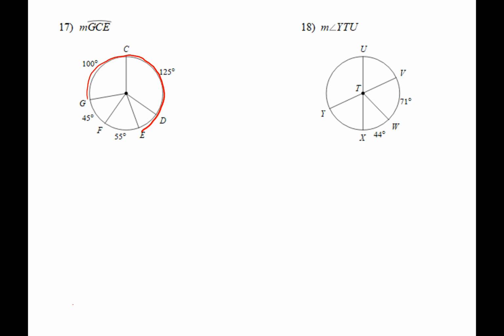So I have all the arcs but that one, so I can add them up again. So 45, 55, 100, 125, add those all up, and once again, bear with me while I put that in my calculator. 45 plus 55 plus 100 plus 125, I get 325.